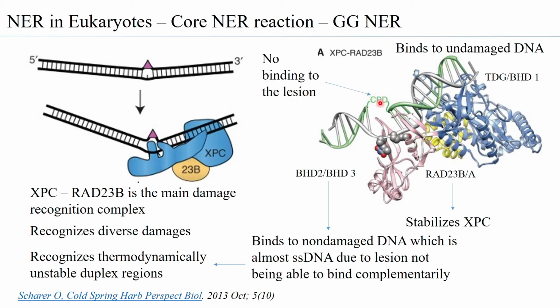It is not directly binding to the lesion, but it binds to the opposite strand which does not have a lesion, but the opposite strand is distorted because the damaged part of the DNA is not able to hydrogen bond with the nucleotides present in the opposite, and that is what is recognized by the BHD2 and the BHD3 component. So this is how the damage is recognized by the XPC23B complex.